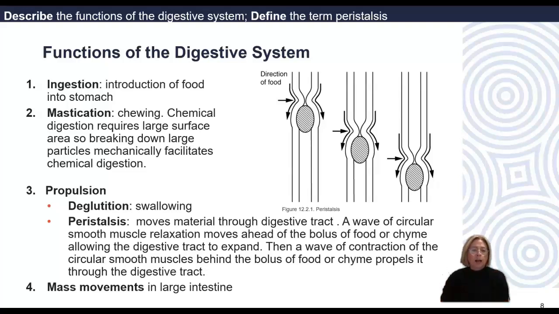With peristalsis, you get these waves of circular smooth muscle relaxation that move ahead of the bolus of food or the chyme, depending on where you are in the digestive tract, allowing the digestive tract to expand. And then a wave of contraction of the circular smooth muscle behind the bolus of food or chyme propels it through the digestive tract.